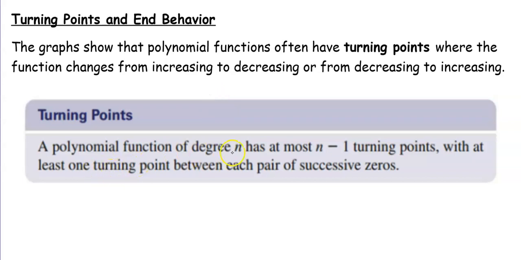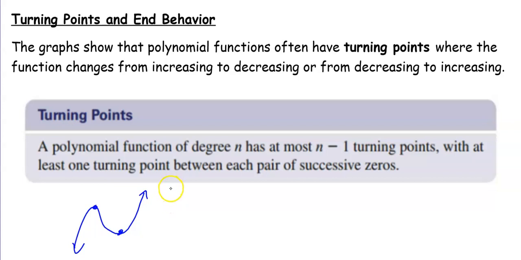So our turning points. A polynomial of degree n has at most n minus 1 turning points, with at least 1 turning point between each pair of successive zeros. What that means, if I give you some kind of graph, let's say I give you a graph that looks like this. Well, we are increasing, we hit this point, we start to decrease, hit this point, and then we increase again.